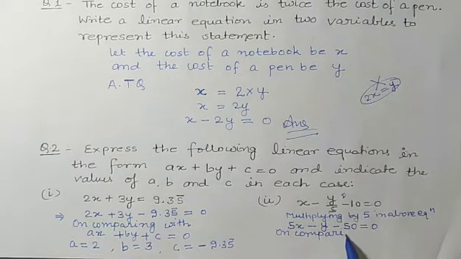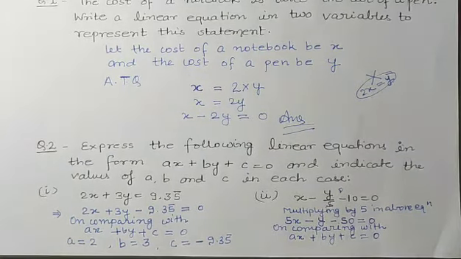On comparing with ax plus by plus c is equal to 0, here we get the value of a is what? 5. The value of b is what? Minus 1. The value of c is what? Minus 50.